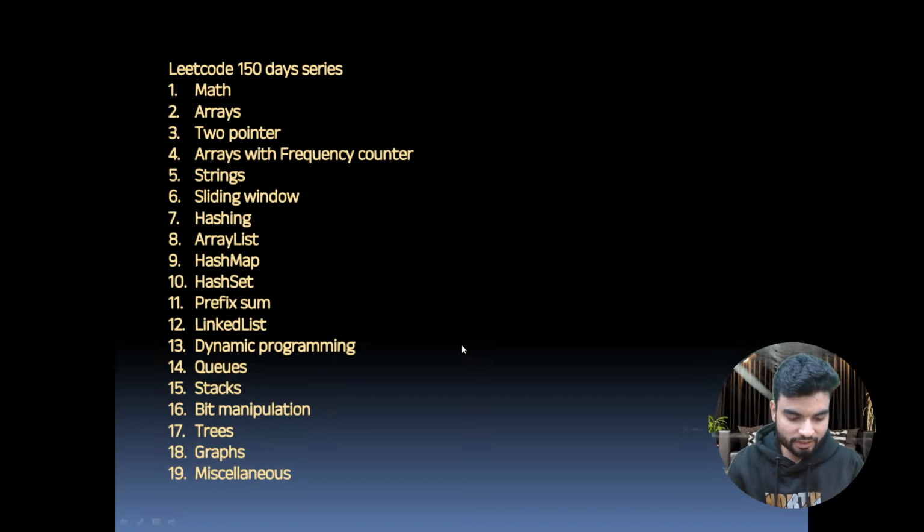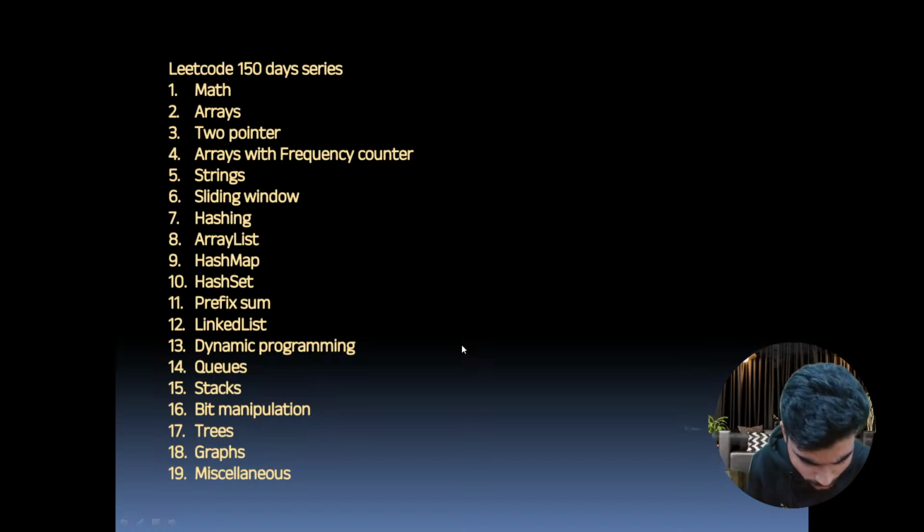So in this series, in the whole LeetCode series, we are planning to solve at least 155 LeetCode questions. We already know about the topics. The topic we are covering right now is math, which is already going on.